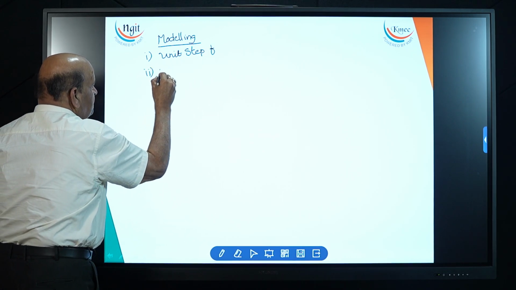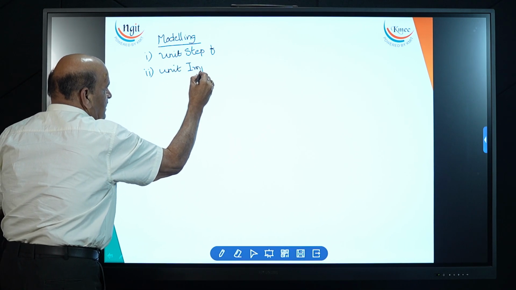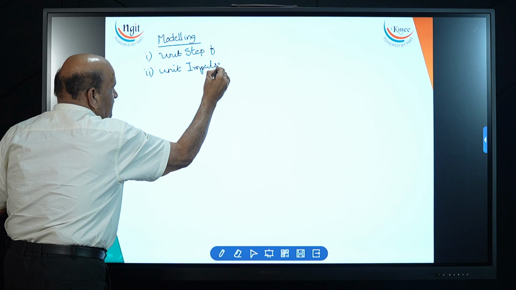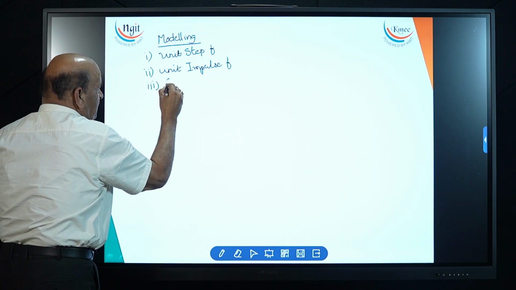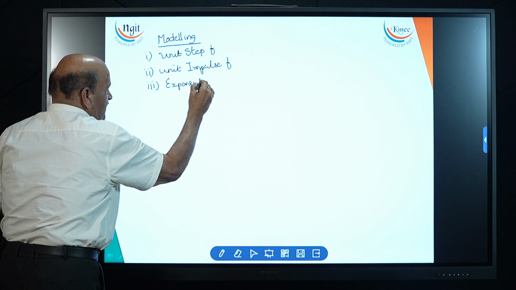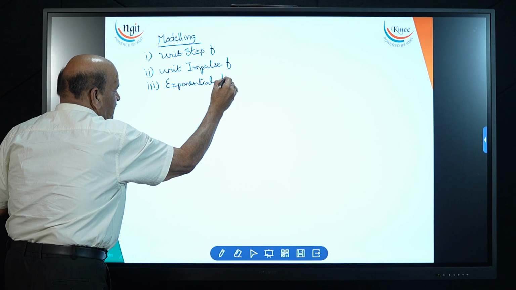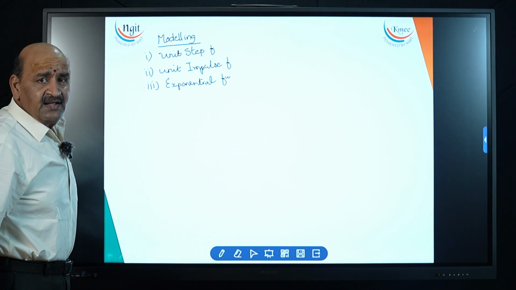Second one is unit impulse function. Third one is exponential function. These three signal models we are going to discuss in this session.